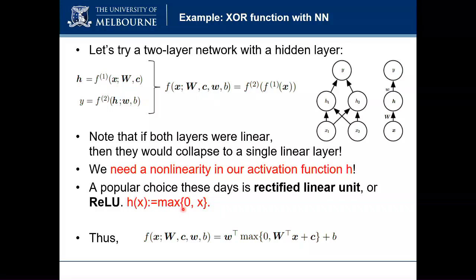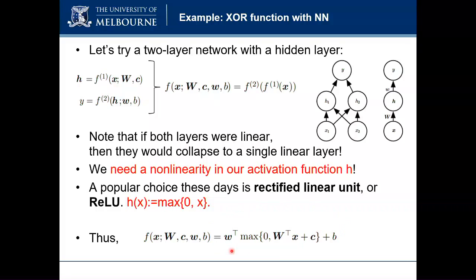So when you plug it in, the first layer is a linear combination, passed through the ReLU, that would be the max of 0 and this, plus the second layer with b. And then y is just a linear output for this case, because I'm not putting another nonlinearity here. It could have been done with a nonlinearity as well. I could have put a sigmoid as well, but I'm just keeping it simple here.